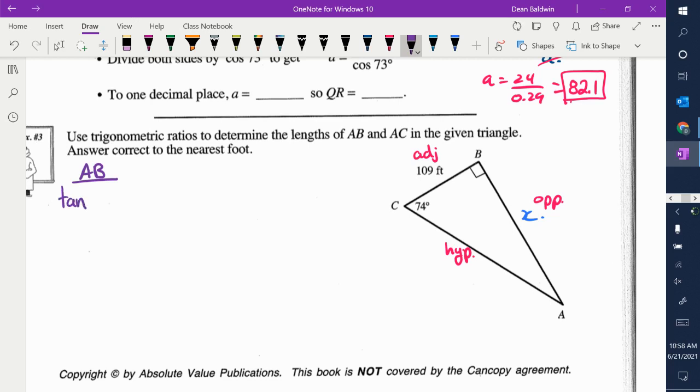So it's tan of 74 is equal to the opposite, X, over the adjacent. Tan of 74 is 3.49.